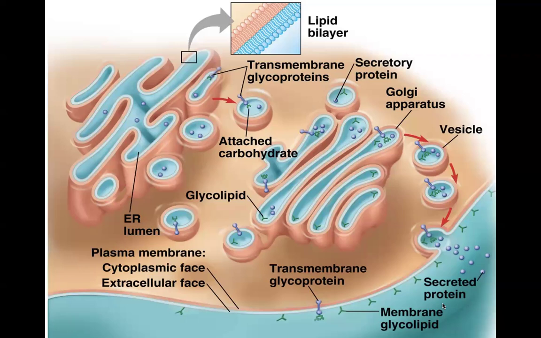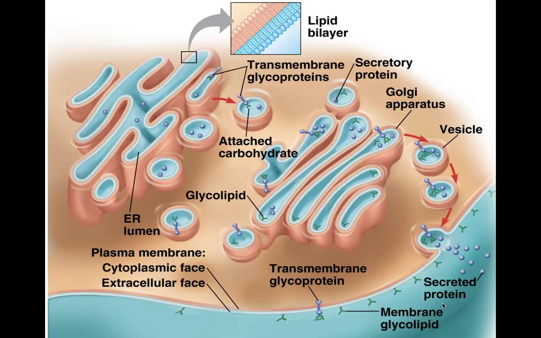You can trace these proteins in the vesicle that then gets delivered to the Golgi apparatus. You can see that these globular proteins are still inside the lumen of the Golgi apparatus. When these are then packaged into a vesicle and delivered to the plasma membrane, these globular proteins are then going to be secreted.